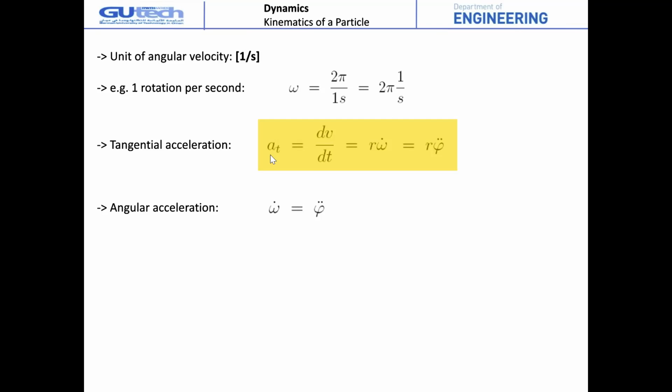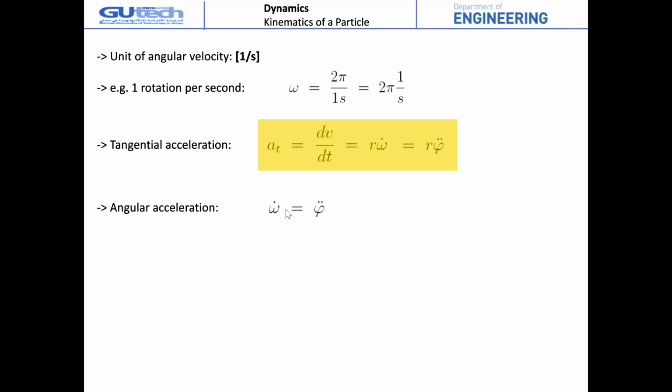The tangential acceleration in this case can be described by at, it's dv over dt, and it's r omega dot, and omega dot is phi dot dot. This phi dot dot is called the angular acceleration.